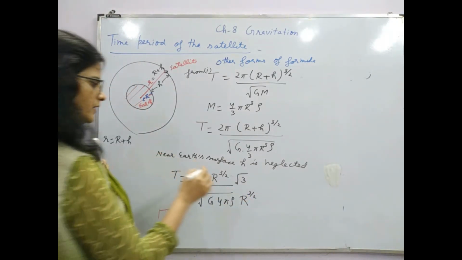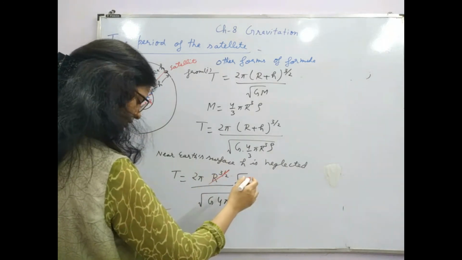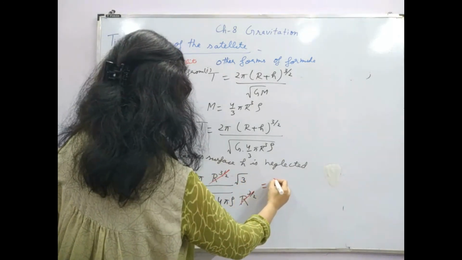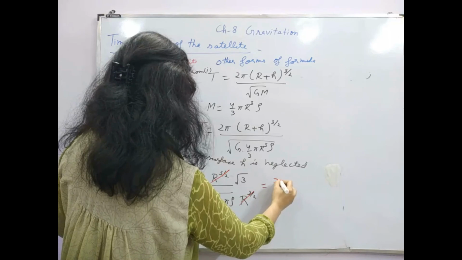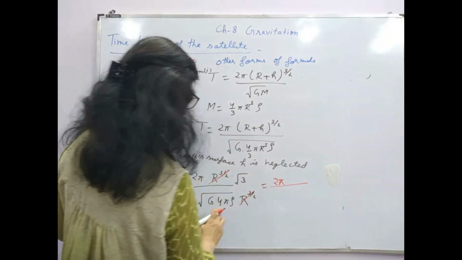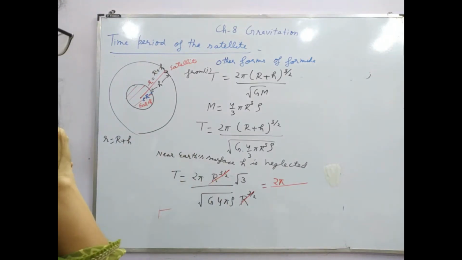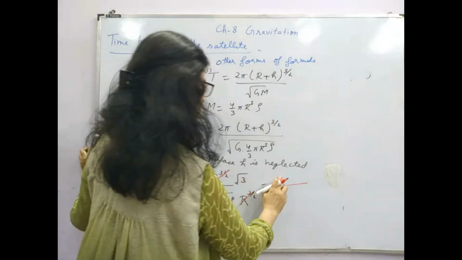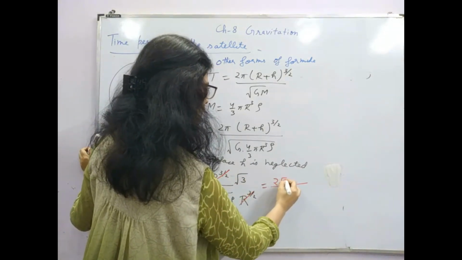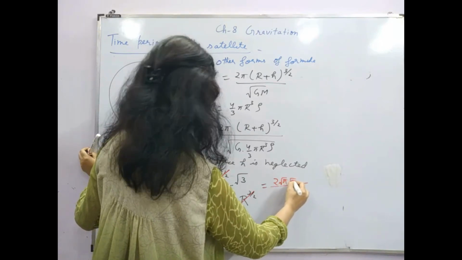So this will be cancelled. What will we get? 2 pi outside here, and this pi can be written as root pi into root pi.